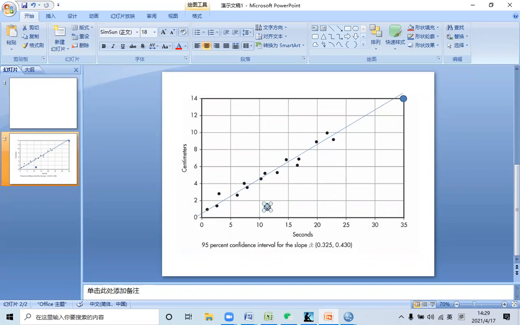So 12 is close to the mean, and the slope will not change that much. But you might want to move the line a little bit to take care of this additional point. The slope will not change, but the intercept might change. And also with this one, the standard error will change.